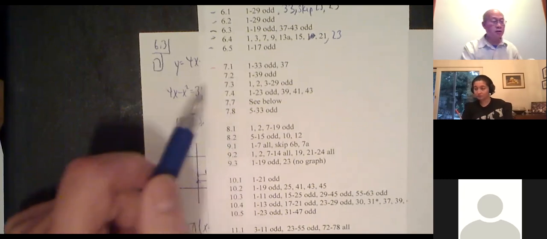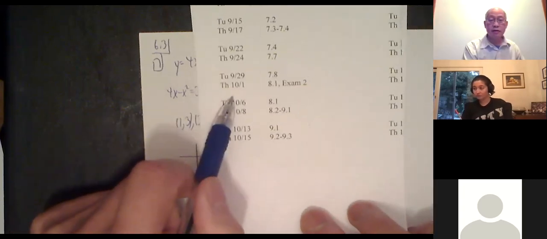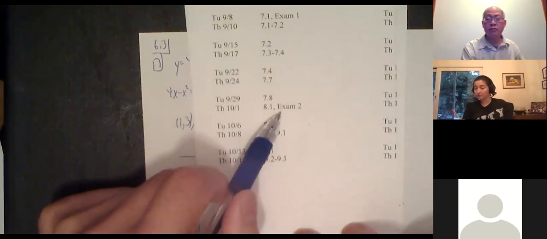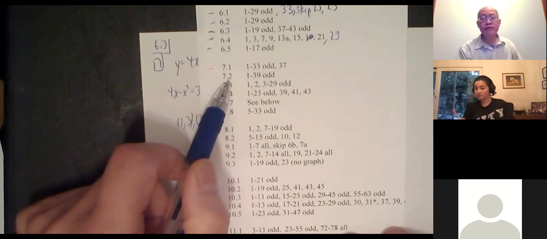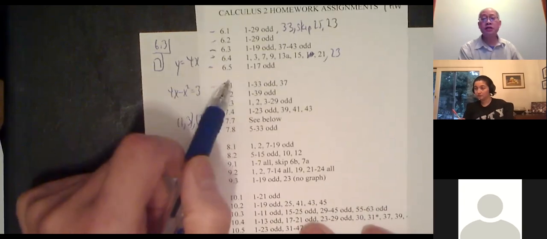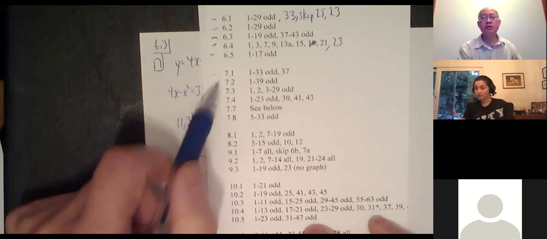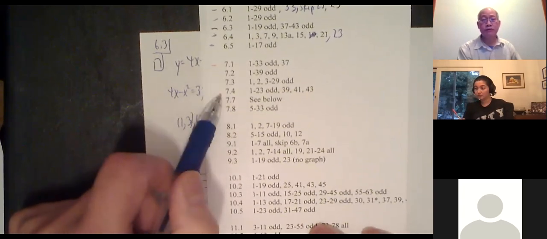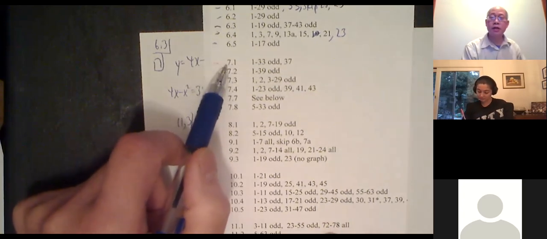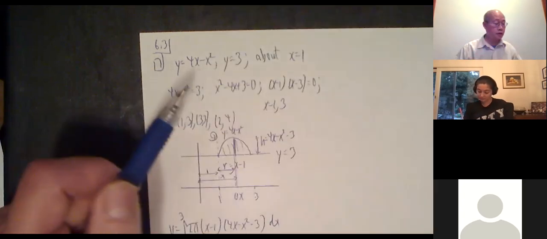So you turn that in on Thursday, October 1st, for now, unless things change, right? So yeah, I'm starting lecturing on 7.1, but that's not due. You just turn in, it's a chapter 6 exam. The next test is a chapter 7 exam. So even if I sneak in some new stuff again, you only are responsible for this. So yeah, I'm gonna do some 7.1 today. Just take notes, but don't study it for the test.